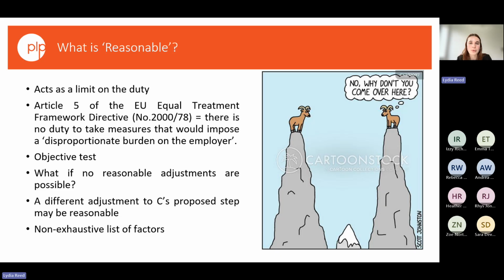If for whatever reason you're a highly regulated employer and the adjustment is not appropriate, that will be considered, and the size of the employer as well.